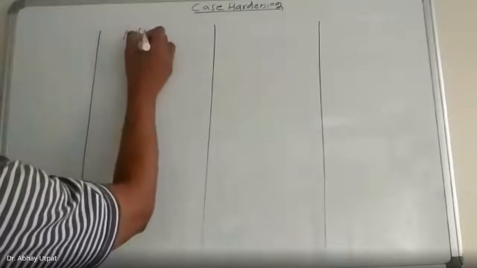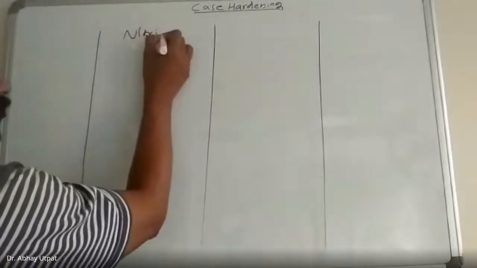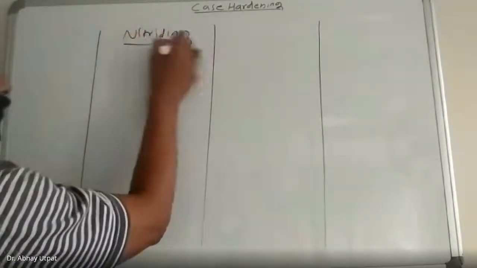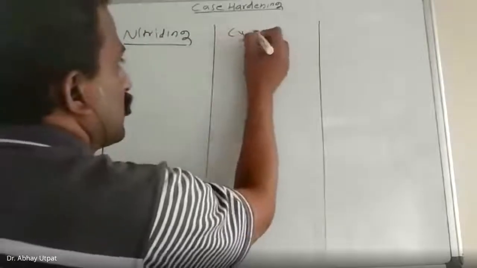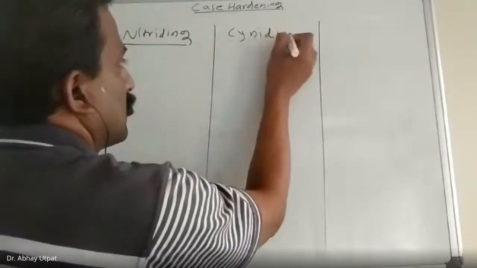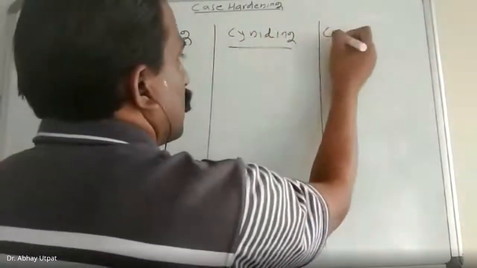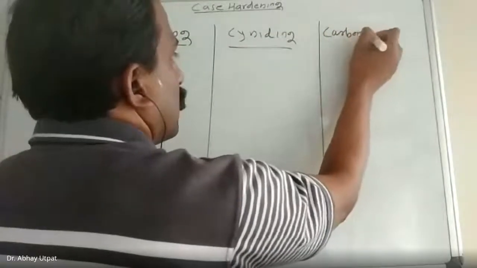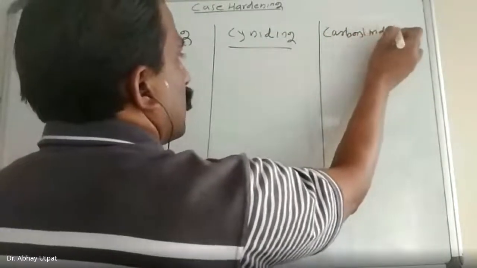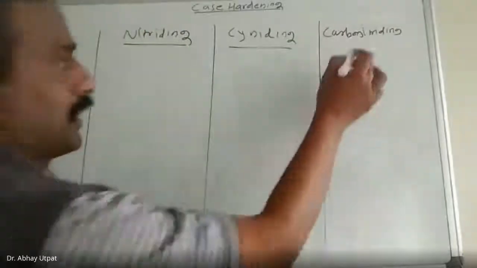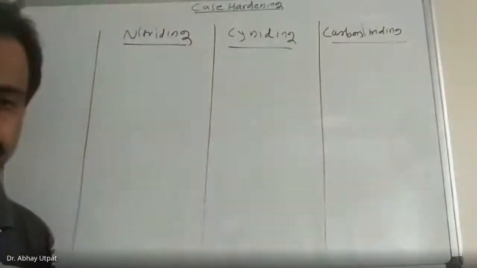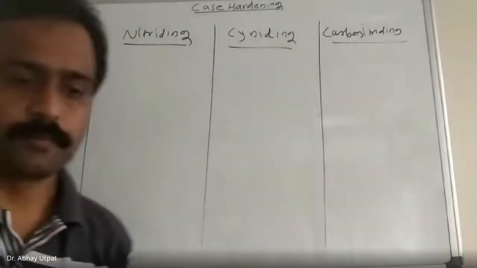You also make it. You write nitriding, then cyaniding, carbonitriding.